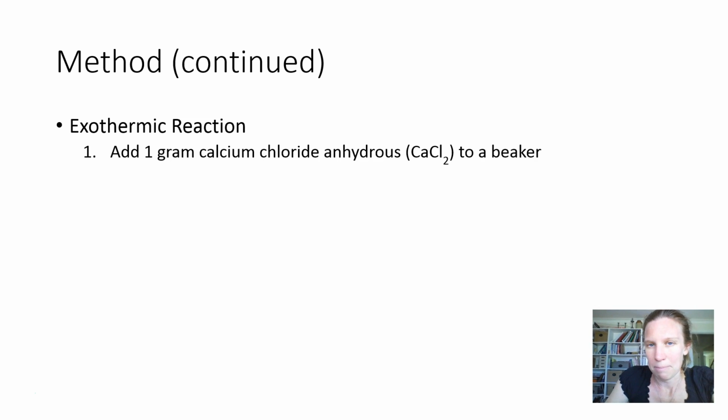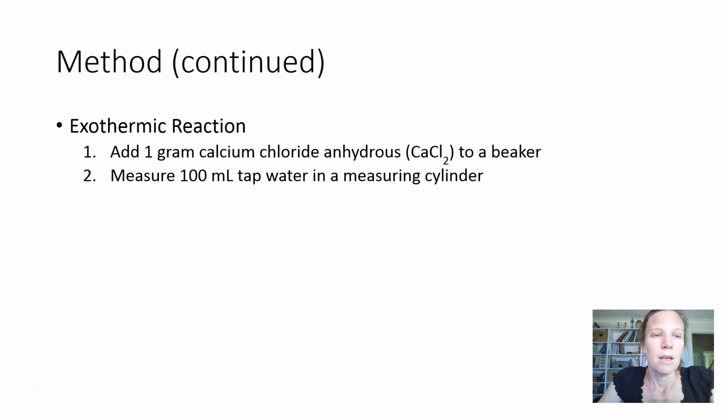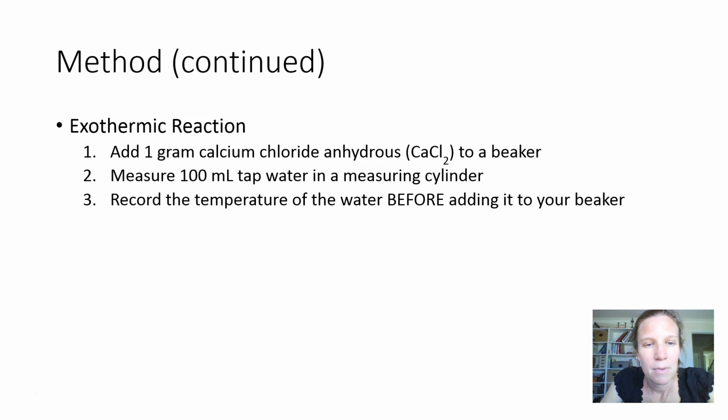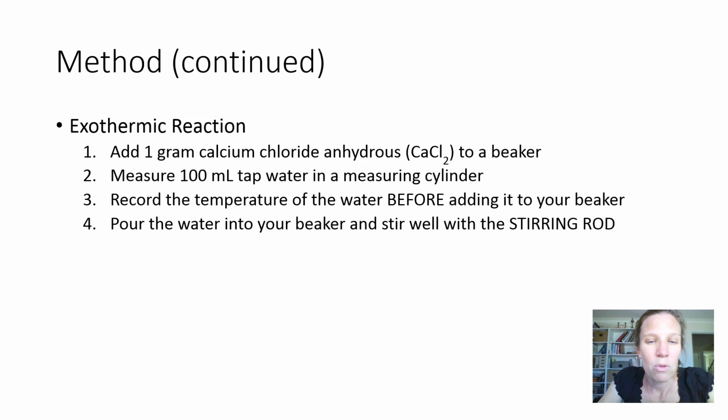Add this to a beaker. Just as before, separately in a measuring cylinder, measure out 100 milliliters of tap water and record its temperature before you pour it into your beaker. Again, pour the water into your beaker, stirring well with the stirring rod to prevent the thermometer becoming broken.